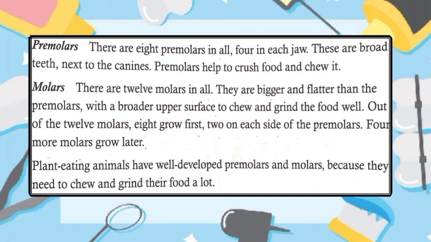Plant-eating animals have well-developed premolars and molars because they need to chew and grind their food a lot. Our 12 molars are our biggest and strongest teeth. We have 6 on the top and 6 on the bottom.